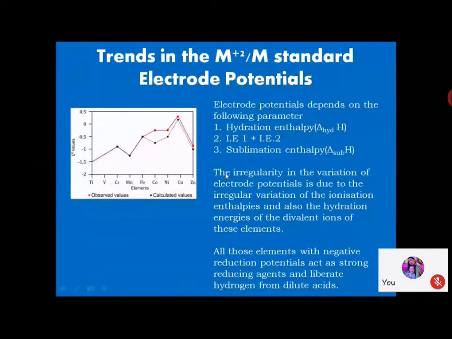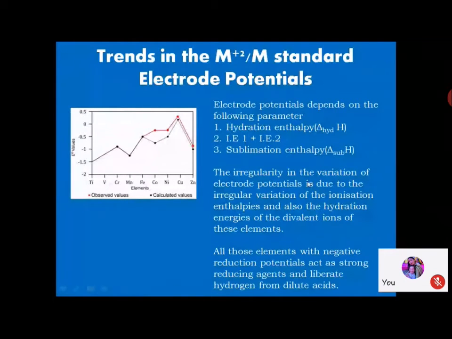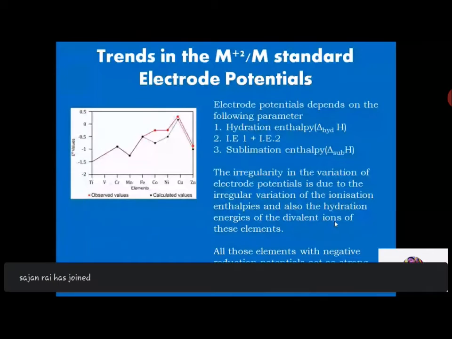So the irregularity in variation of electrode potential is because of irregular variation of ionization enthalpies and because of the different hydration enthalpy for divalent ions of these elements.